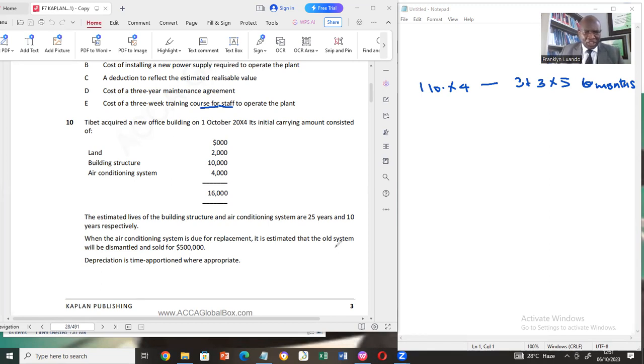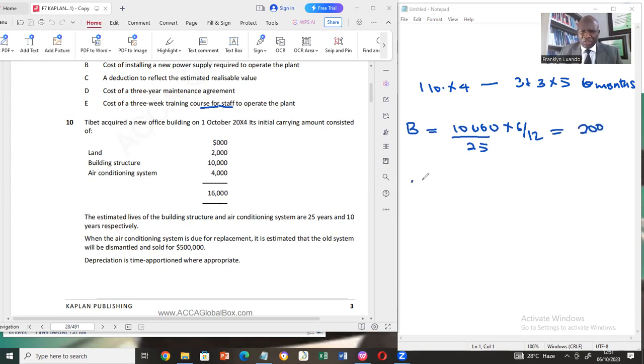Land is never depreciated, so we go to the building. Building depreciation is 10,000 divided by 25 years, multiplied by 6 months upon 12. Therefore, the depreciation there is 200.